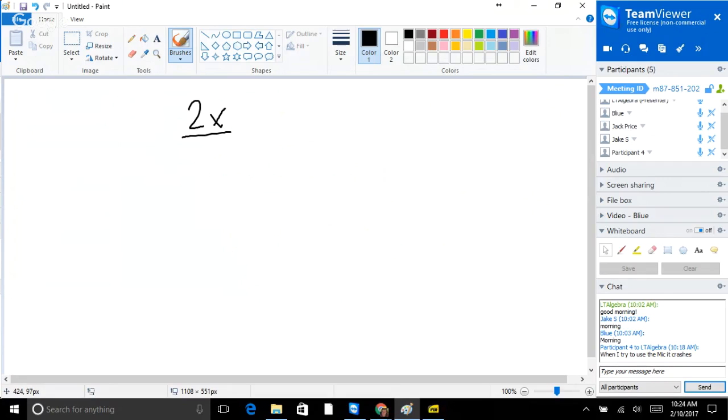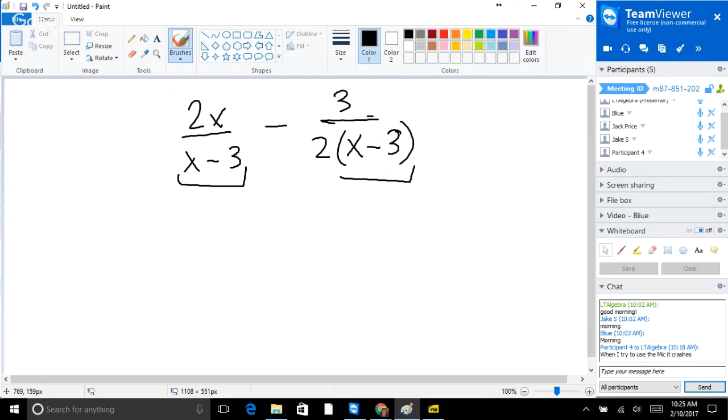2x over x minus 3 minus 3 over 2 times x minus 3. Okay, so they do not have the same denominator, right? One has a denominator of x minus 3, and one has a denominator of 2 times x minus 3.